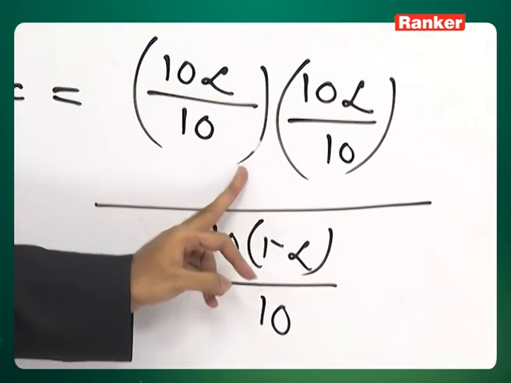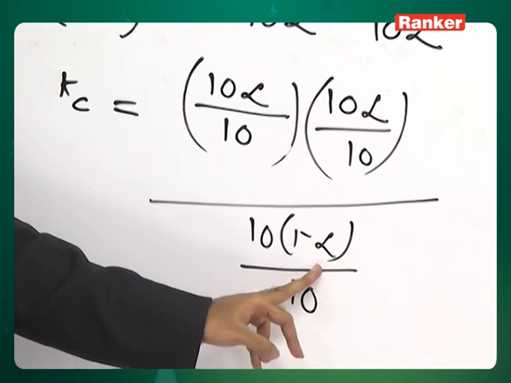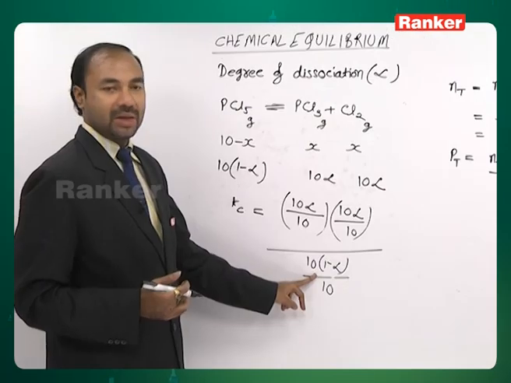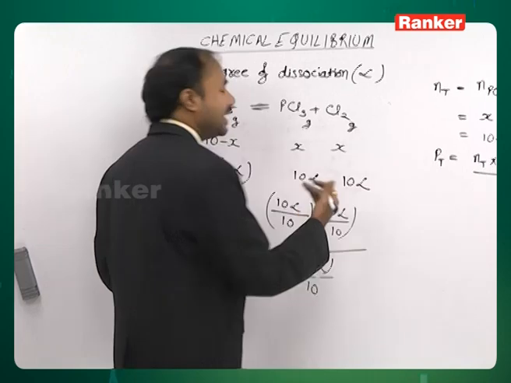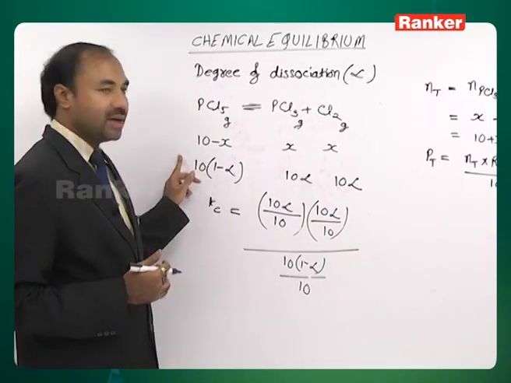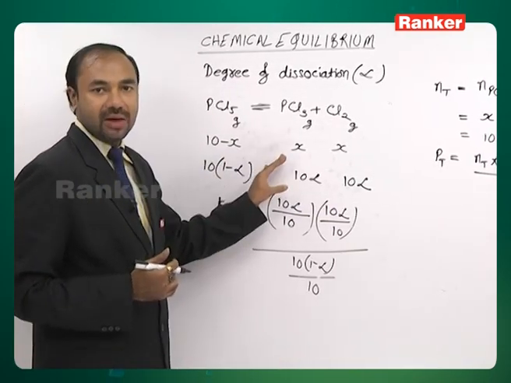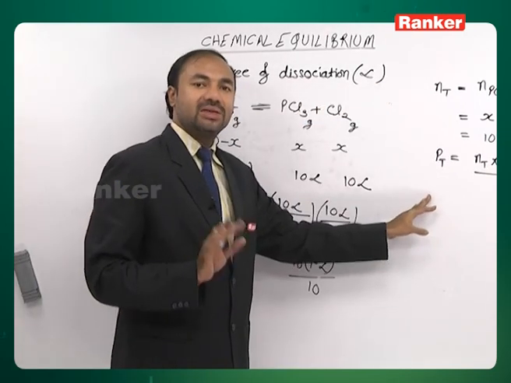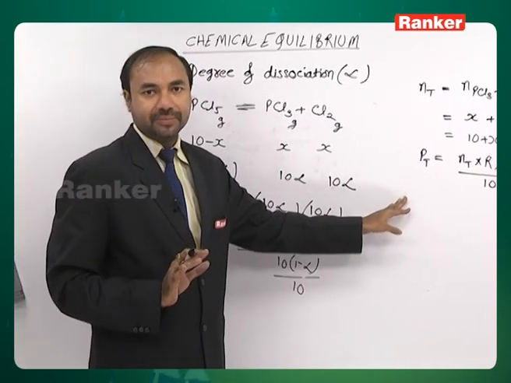From here we will get the value of alpha. After solving this, the value of alpha is nothing but X by 10, as we have done previously. So X by 10 was equal to alpha. Everything else remains the same. There is no difference at all.